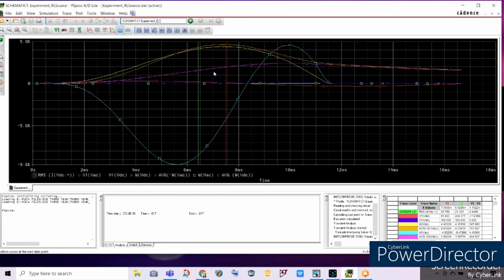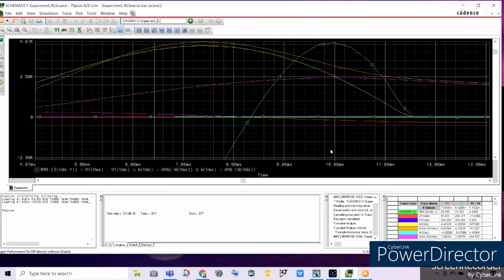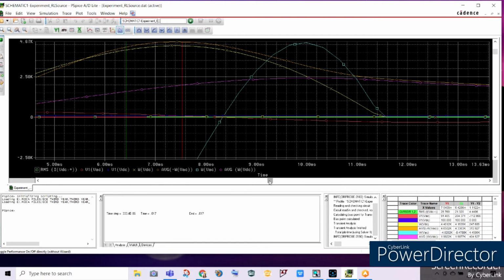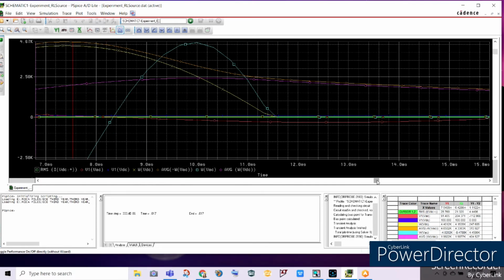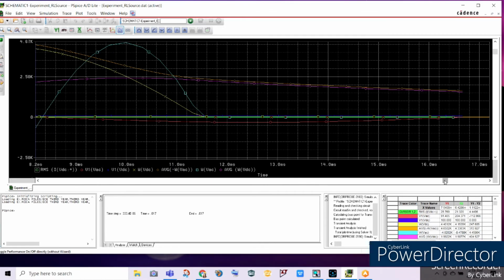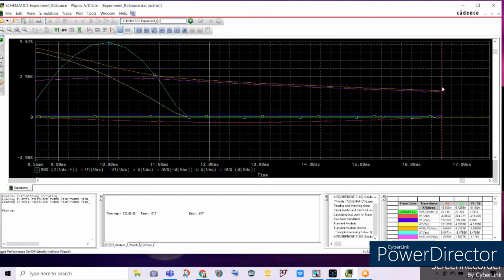The pink waveform here is the average power across our DC voltage source, and it is observed that both our average power from the AC voltage source and the DC voltage source landed on the same specified point or time duration in our waveform here. So as you can see here, both of the waveforms landed on the same point. So here on this part.